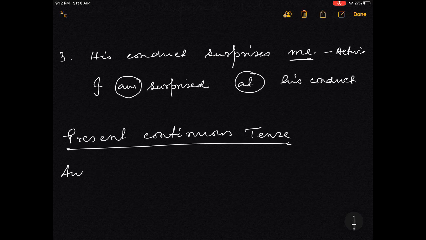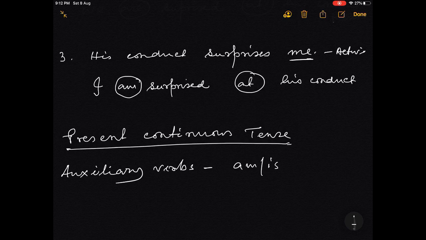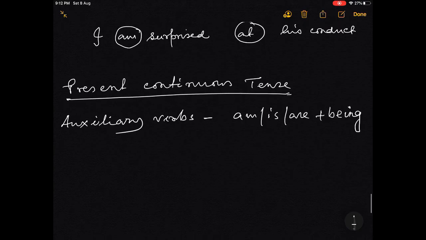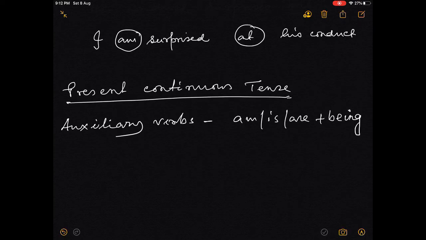So we will write auxiliary verbs. Auxiliary verbs what? Am or is or are plus being. Being. Okay. Take an example, the same example in this form.